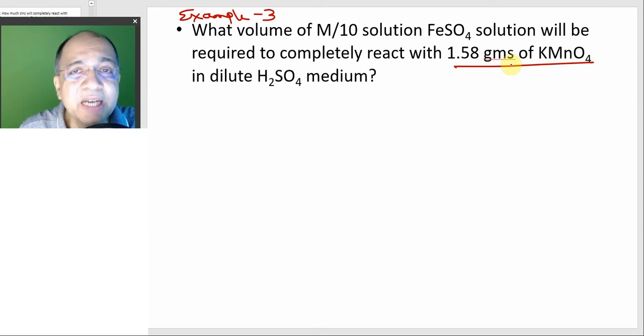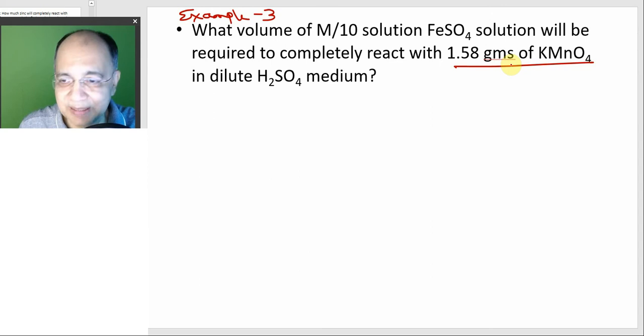If both the reactants are solutions with fixed molarity or normality, then it is well and good. But at least one of them should be a solution. The other one may not be, as you find here: potassium permanganate is a solid. So it doesn't matter. We can convert it into its equivalents, right?